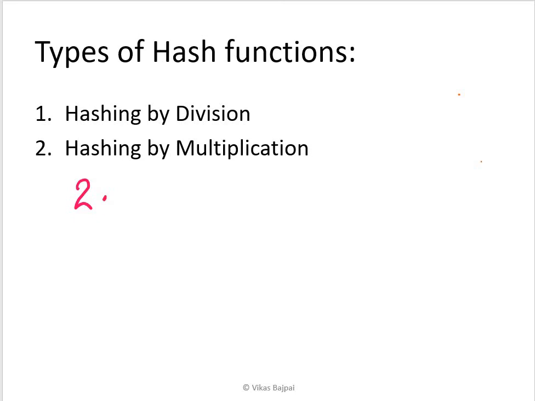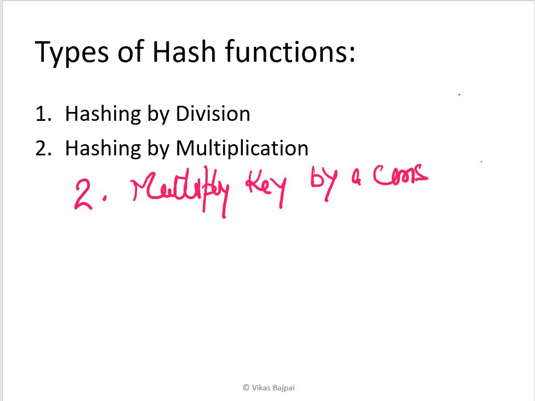The first one is that we multiply the key by a constant, let's say constant c, and this is key k, and this constant c should be in between 0 and 1.